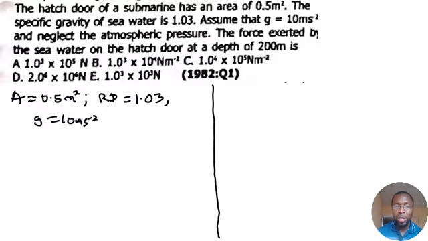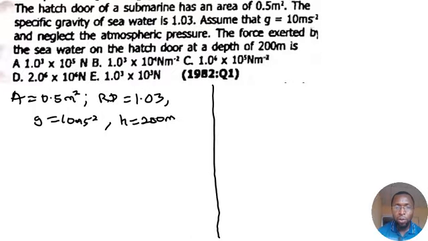Now that we are neglecting the atmospheric pressure, what is the force exerted by the seawater on the arch door at a depth of 200 meters? So we are given depth also, which is synonymous with height. The height is 200 meters. A: 1.0 times 10 to the power 3 Newton.